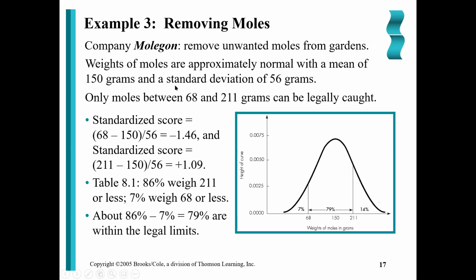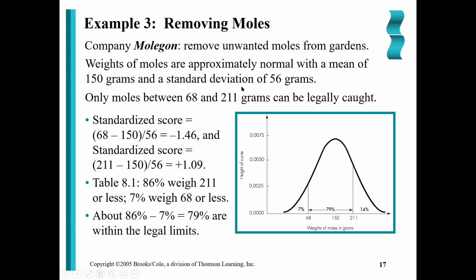And they show another example here also. Suppose this company, I guess they're in the business of removing moles from gardens, these creatures, moles. And it says the weight of moles are approximately normal, bell-shaped, with a mean of 150 grams, standard deviation 56 grams.